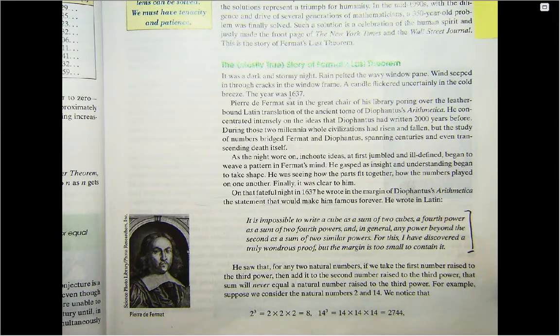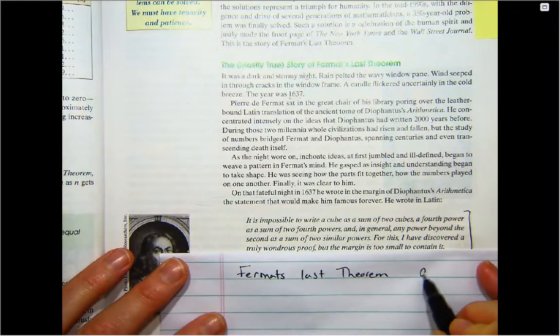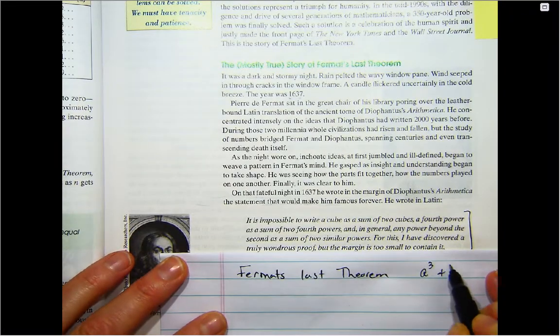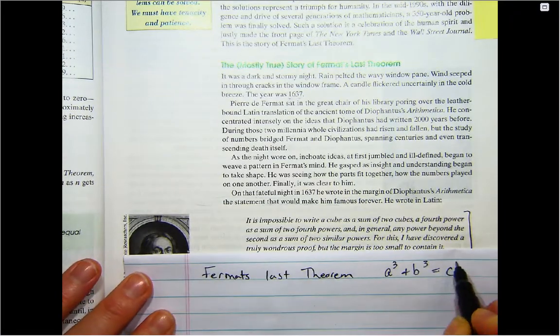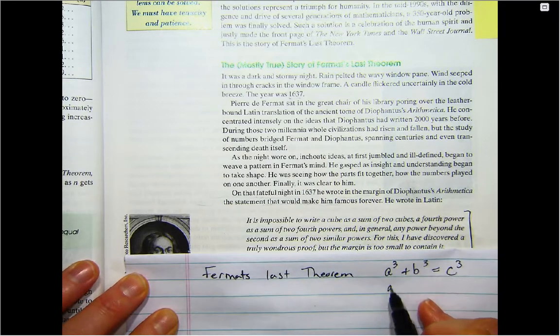Okay, so I'll get my notes on that page by folding it up. A cube as a sum of two cubes. So here's my cube as a sum of two cubes. A fourth power as a sum of two fourth powers.